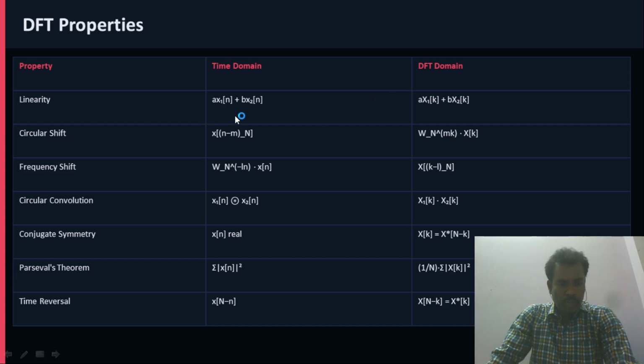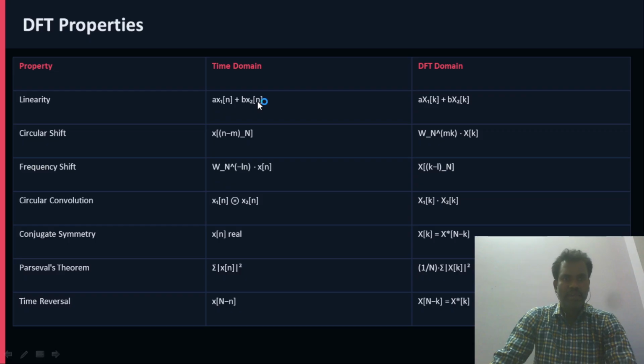So linearity property. As we know, linearity property means superposition. If a combination of two signals is applied with DFT, then their individual DFTs are also combined. So a x1 of n plus b x2 of n is the signal applied to the DFT transform.